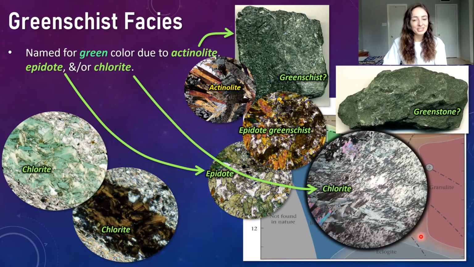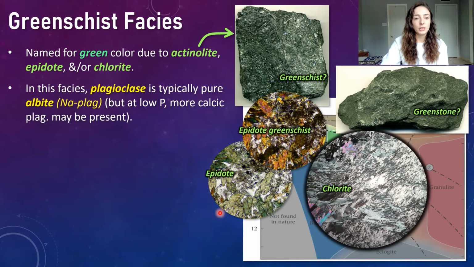A lot of minerals vary, especially mineral groups, which we'll talk about later. Because amphibole is a group of minerals. Pyroxene is a group of minerals that vary widely in composition and therefore can vary in their colors and whatnot under thin section. But the general habit of actinolite and chlorite is platy. Epidote is a little bit more blocky from what I've seen, but we'll show more examples as we go.